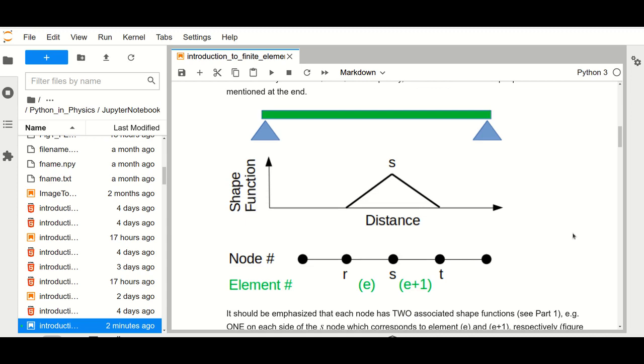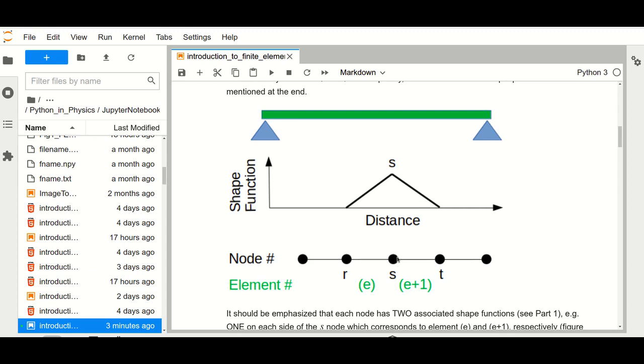Now, in order to deal with the shape function and the weighted residual integral equation, which I have labeled RE, we have the shape function for a particular node, the S node.